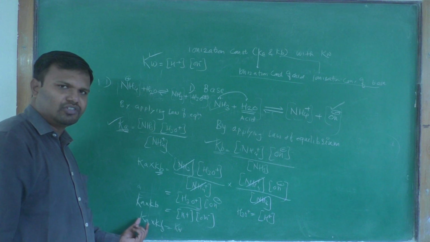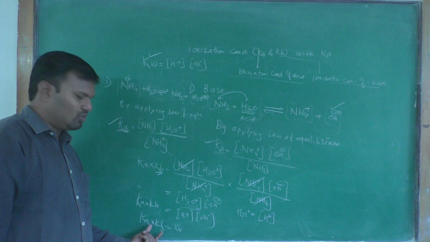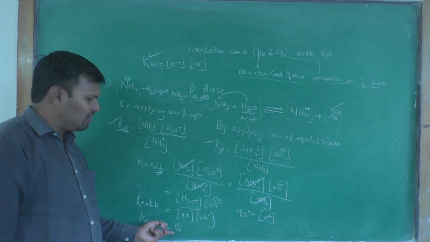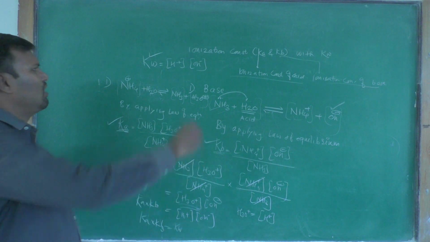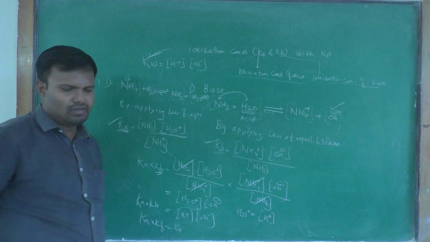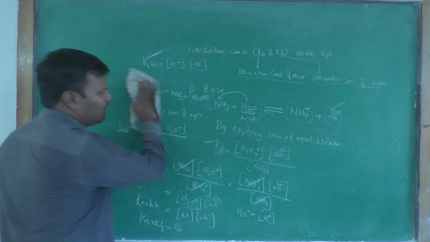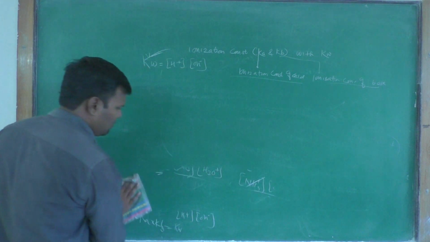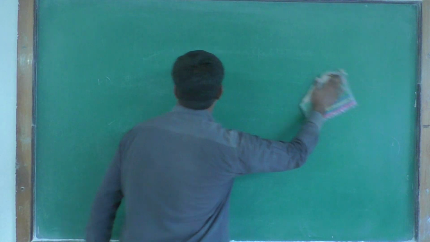Ka means the ionization constant of the acid, Kb means the ionization constant of the base. By multiplying these we obtain the Kw value. Kw is nothing but the ionic product of water. This is the relation between the ionic product of water and the ionization constants of acids and bases.